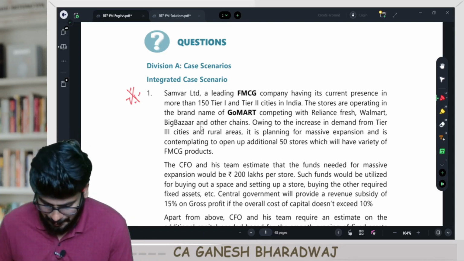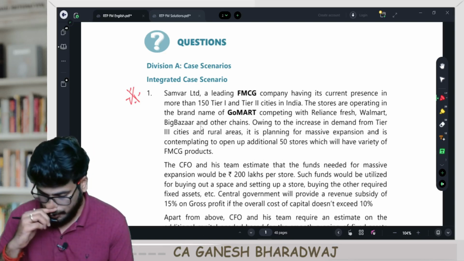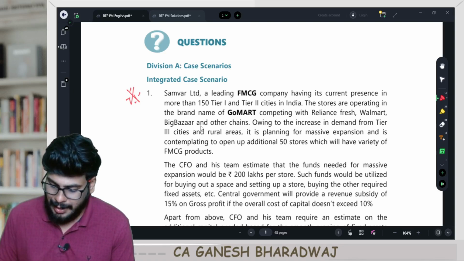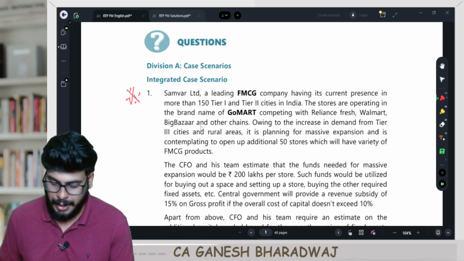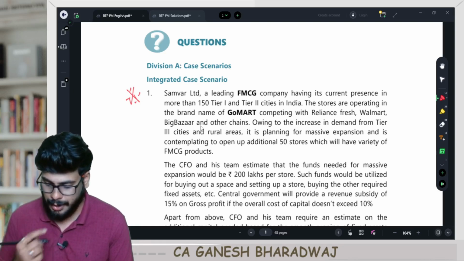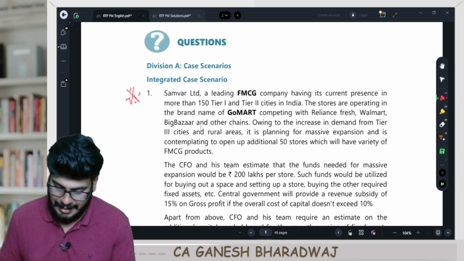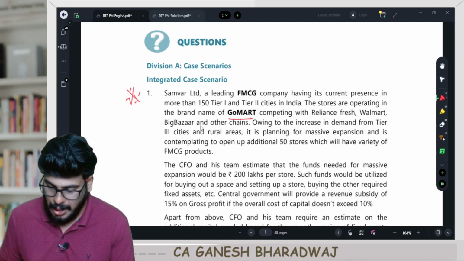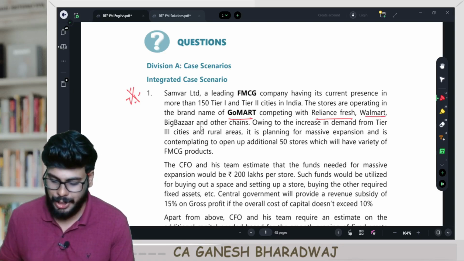Somewhere Limited, a leading FMCG, like FMCG stands for fast moving consumer goods, right? It's a company having its current presence in more than 150 tier 1 and tier 2 cities in India. The stores are operating in the brand name of GoMart, competing with Reliance Fresh, Walmart, Big Bazaar, and other chains.